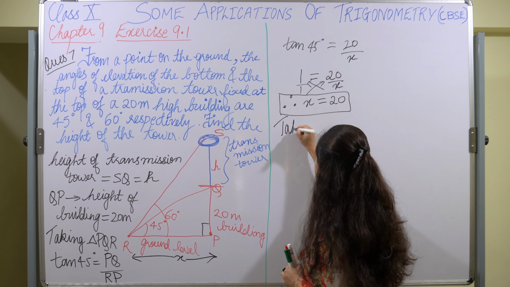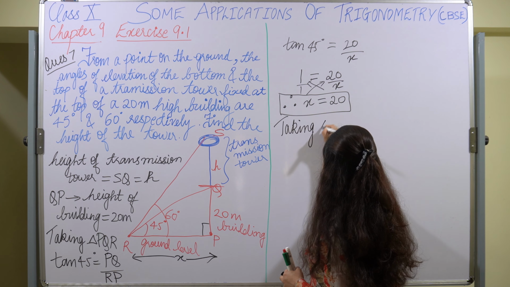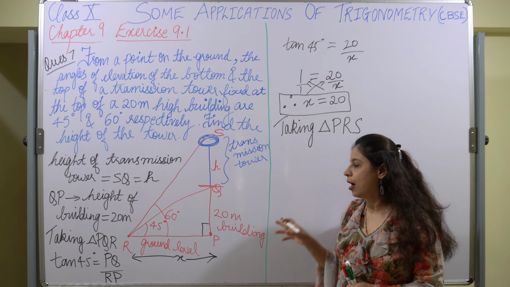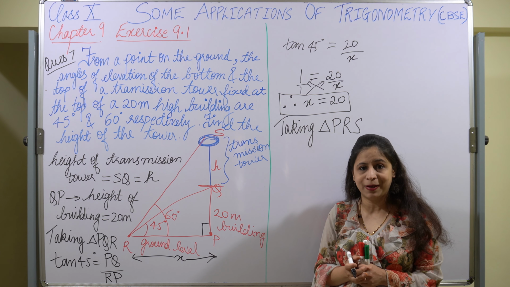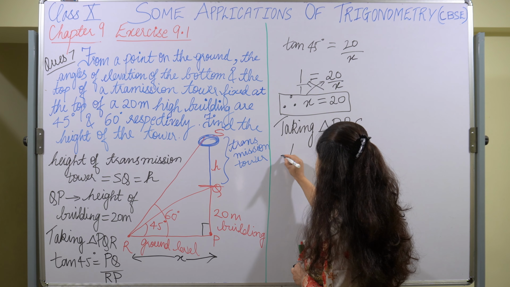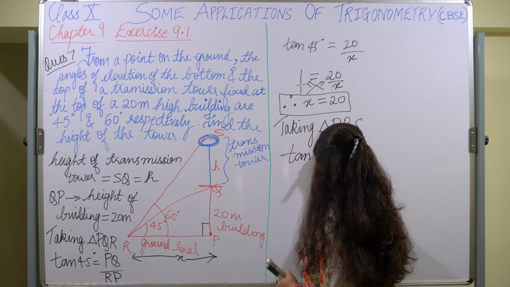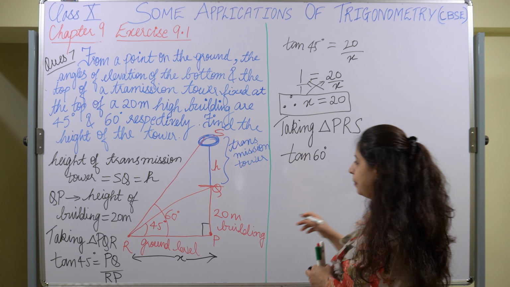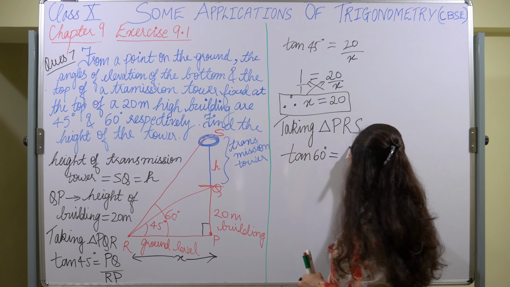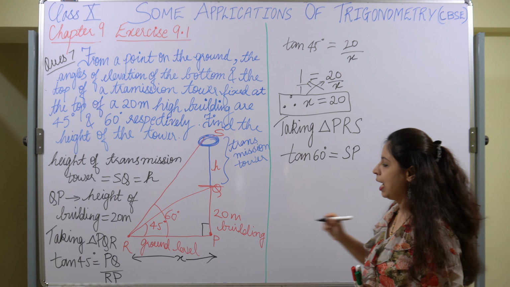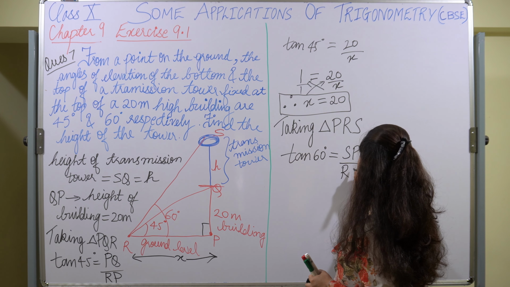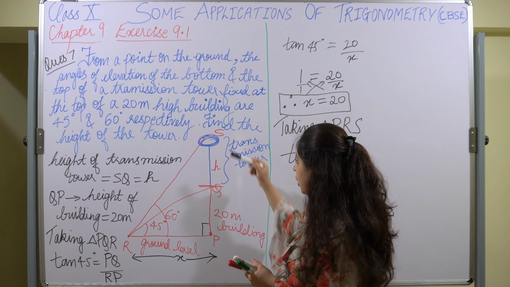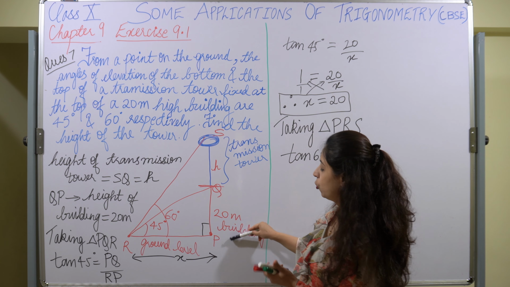Taking triangle PRS, we will also apply tan 60, because the elevation given to us is 60 degrees. So tan 60 is equal to perpendicular upon base. Here the perpendicular is SP and the base is RP. Now SP is equal to SQ plus QP.